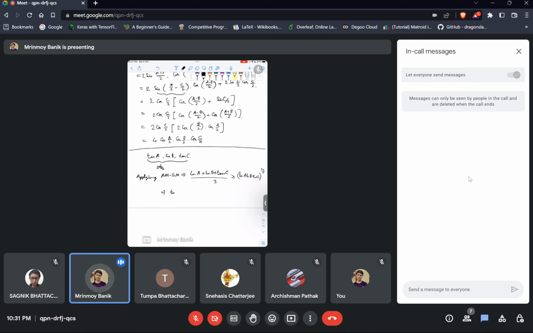But we know tan A plus tan B plus tan C is again tan A tan B tan C. So this is (tan A tan B tan C) power 2 by 3, which means it's bounded below by 3 power 3 by 2.